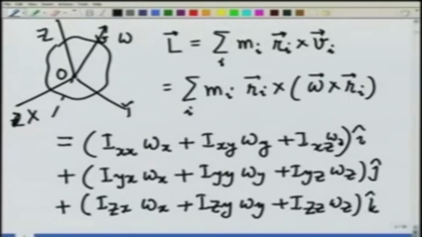And therefore, in general, to calculate the angular momentum, I need all these quantities.